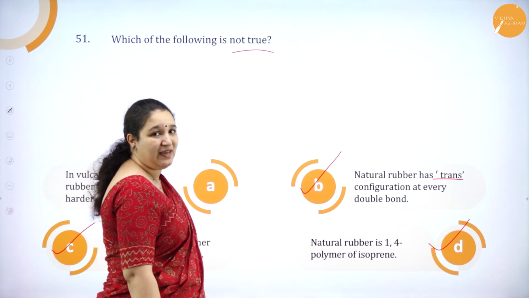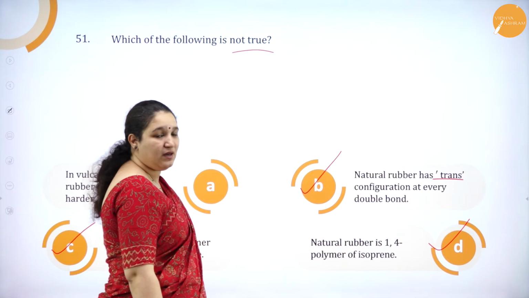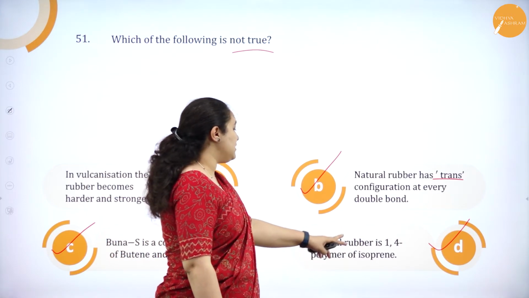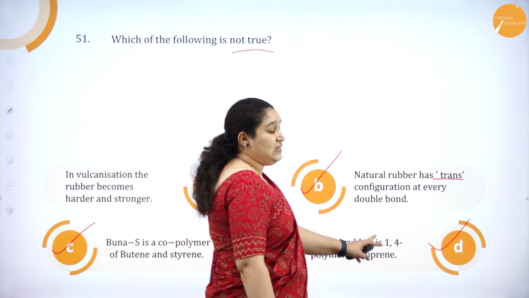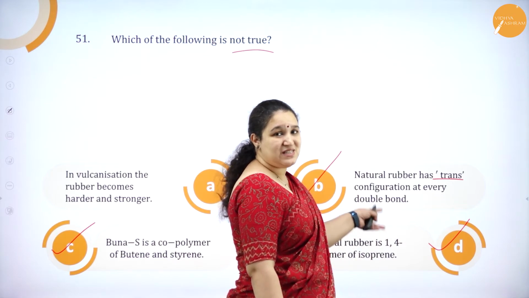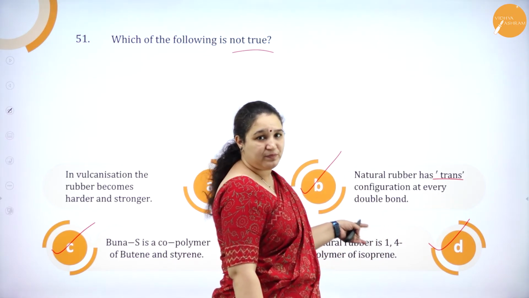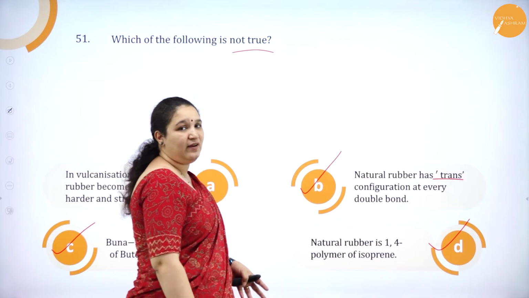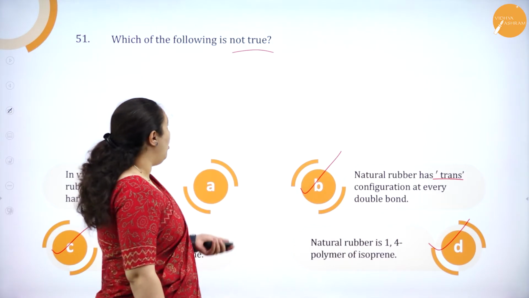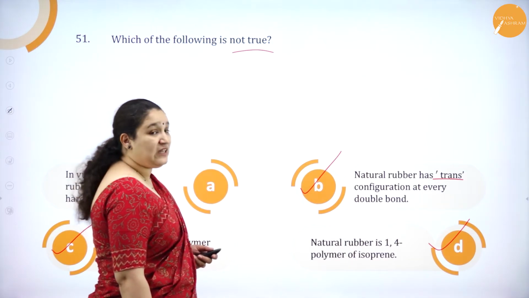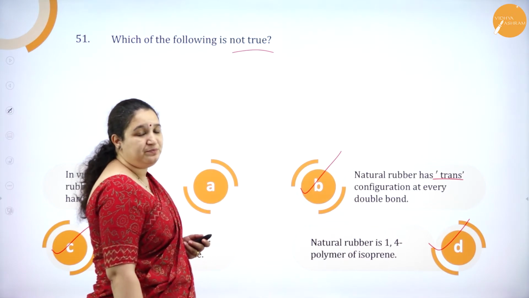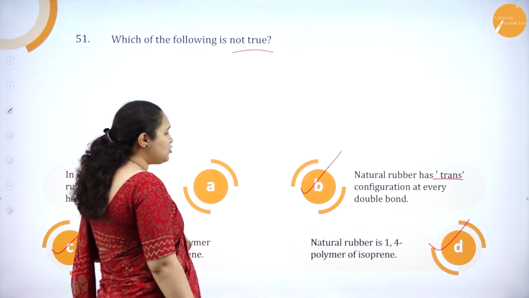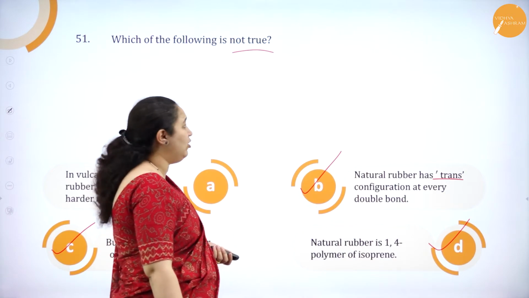It is butadiene, 1,3 butadiene, isn't it? So that is wrong. Natural rubber is a 1,4 polymer of isoprene. It is cis isoprene which has to be there, cis configuration. Again, they have not mentioned that at all. So obviously, you have 3 answers for the same question. So if you answer any one, you will get your marks.